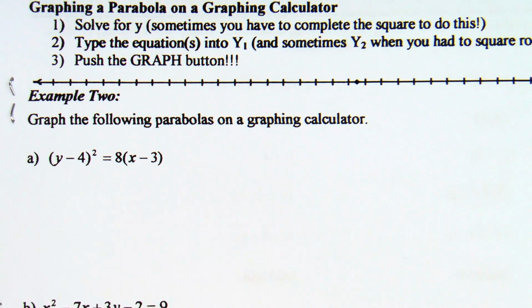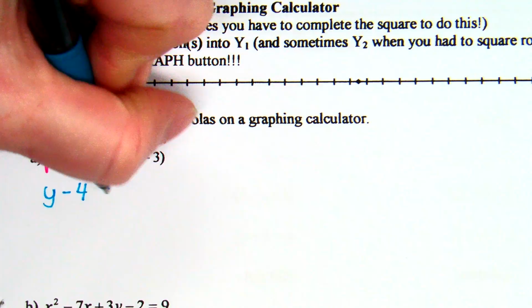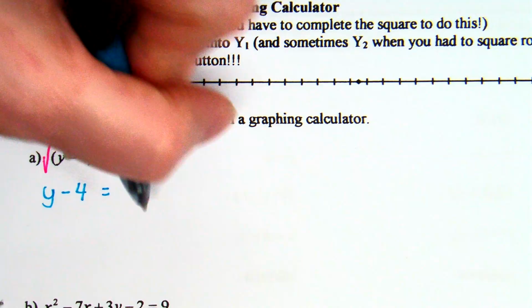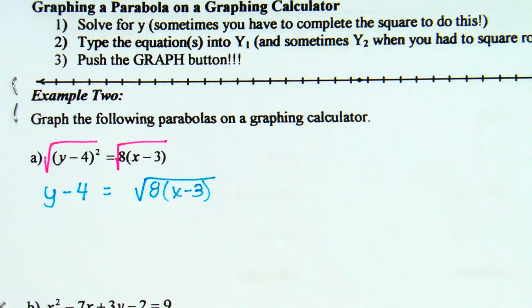When you see that y minus 4 quantity squared, square root. If I square root the left, square root the right. So on the left I have y minus 4. On the right, it's going to be the square root of 8 times x minus 3. And you can just leave it. It doesn't have to be multiplied together or anything.